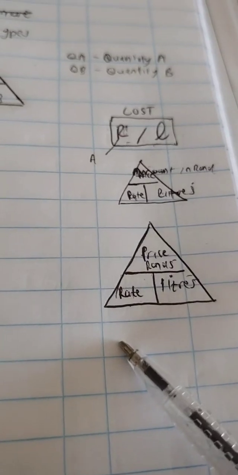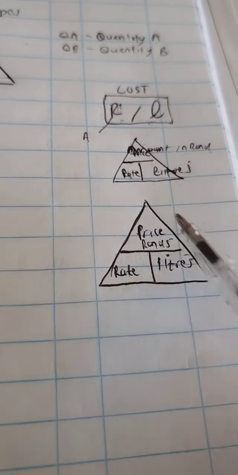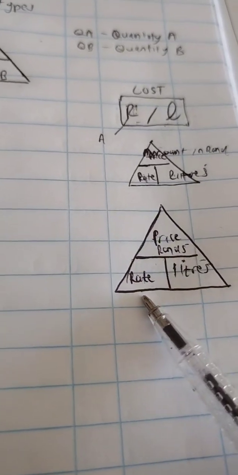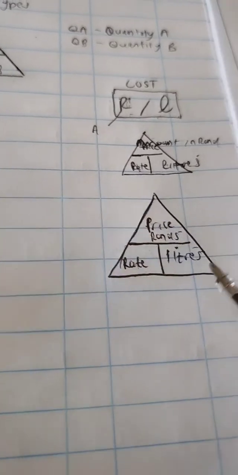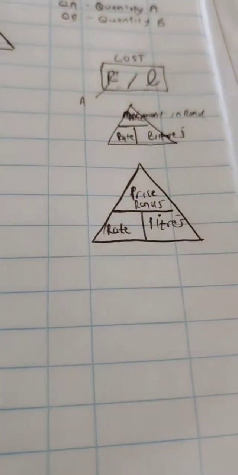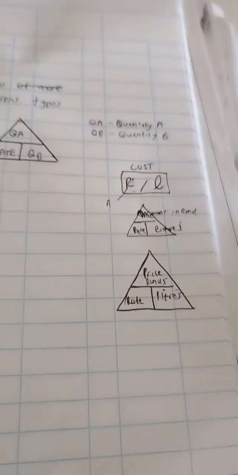Then if you are going to compare, if you're going to represent liters, you can represent liters in terms of the price over the rate. If you represent rate, you can represent rate in terms of the price divided by the liters. If you represent the price in rands, you can represent it in terms of rate times the liters. So the formulas then are able to emerge from this table.